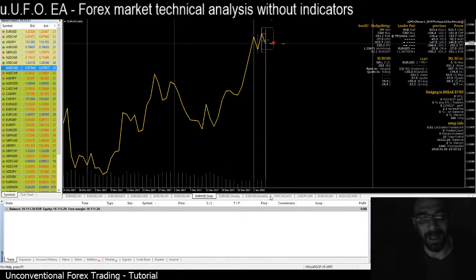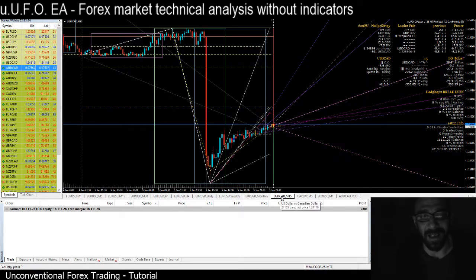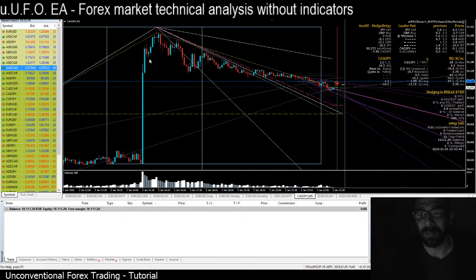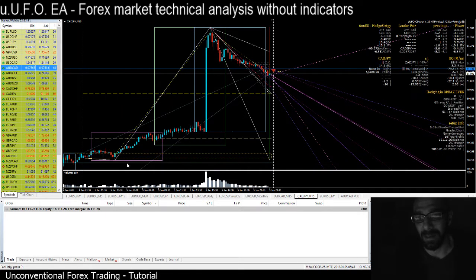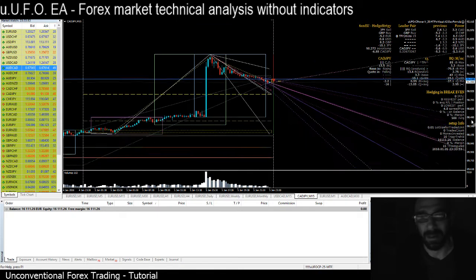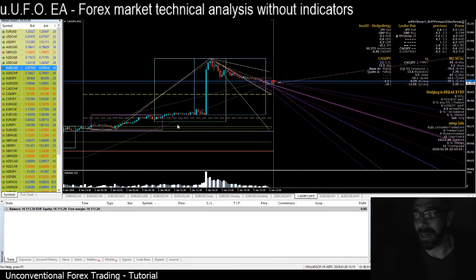Otherwise I should have been said lucky if I was in this time frame, at around this hour, so I could have hypothesized a move down the moment I was looking at this kind of ranging around this area for USD CAD, and for this area that was violated, never violated with CAD yen, for example.